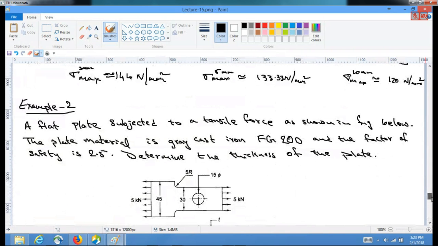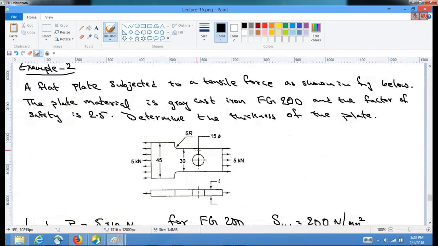So this is how the stress concentrations at both sections are avoided, and the design is successfully done for this given case.